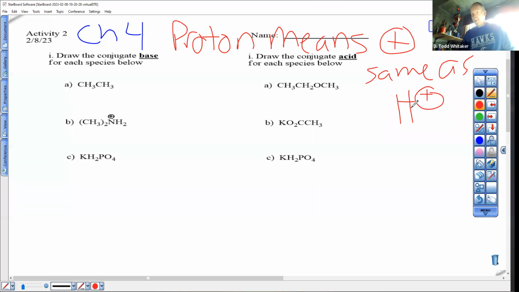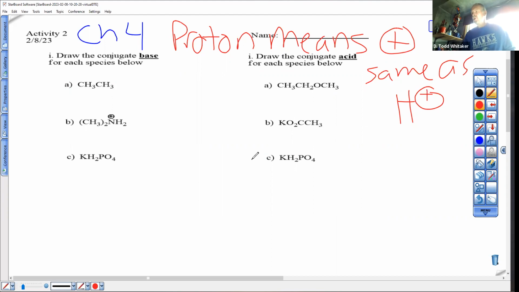Okay? There's nothing else there. So why don't we call a hydrogen ion a proton until the end of time? Because, yeah, I'm going to be doing that. So when I say proton and you don't know it's H+, you're not going to understand acid-base chemistry.